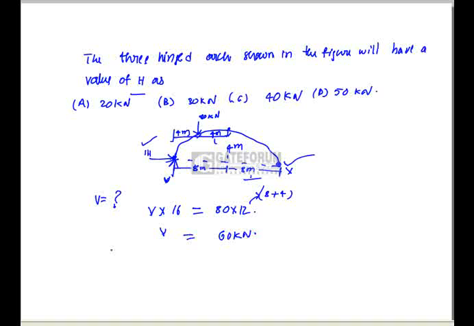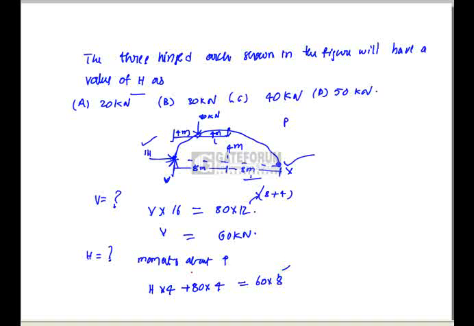But we have to find out H. Let me take the moments about this center P. Moment about P: H into 4 plus 80 into 4 is equal to 60 into 8.